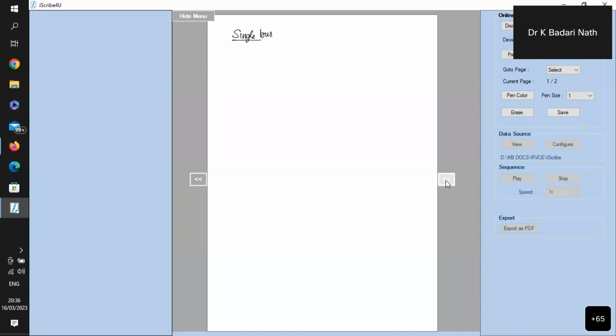Single bus organization means that there is one internal bus available, which establishes connections between all the blocks here. We will design the processor using a single bus organization. Since I am expanding what is present inside the processor, I am writing all the blocks and the interconnections.